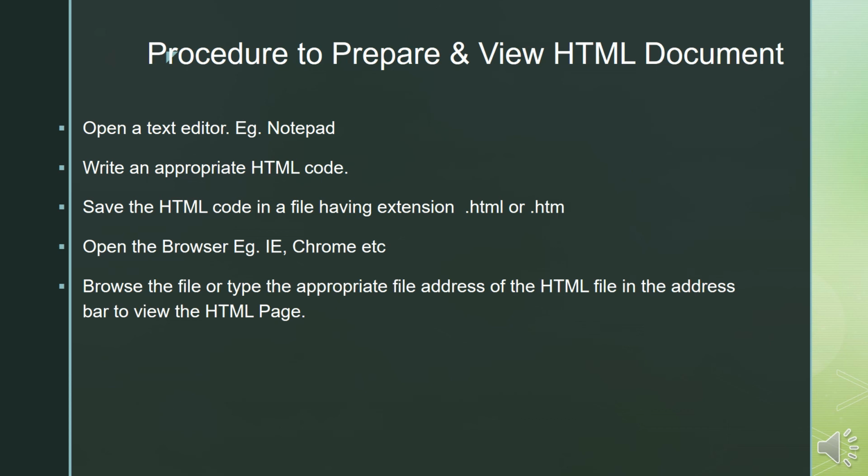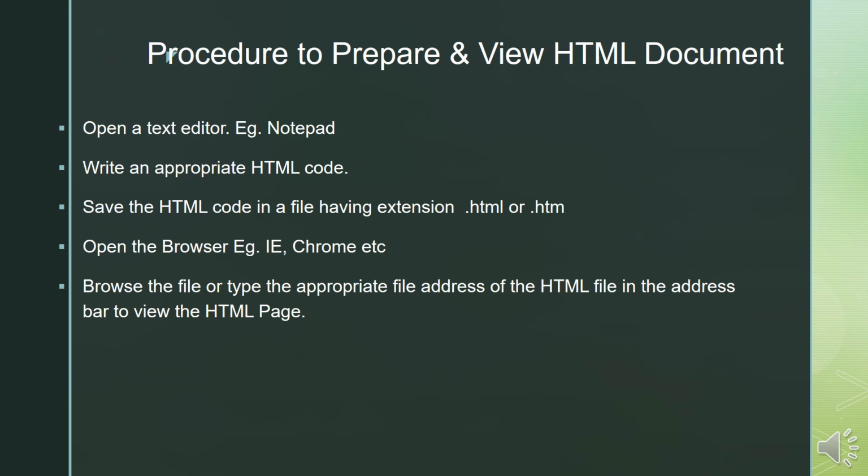Then close the file, open a browser, for example IE, Chrome, etc., any of the browsers which is available on your computer. Then browse the file or type the appropriate file address of the HTML file in the address bar. Wherever you type www.google, that is your address bar. If you have it on your native computer, native computer is your own computer, then you have to browse the folder in which you have saved your file.